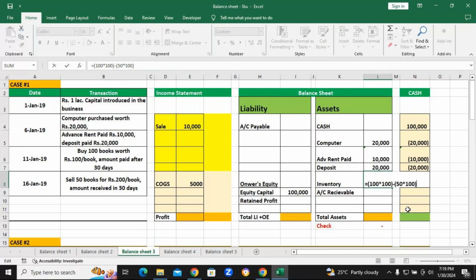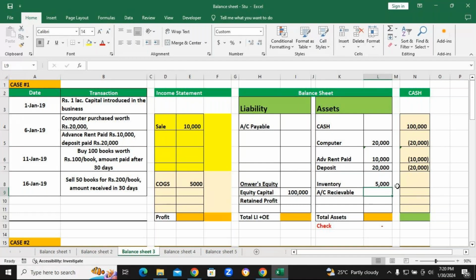First I show the purchase value, 100 books at 100 rupees, minus the 50 books I sold at a cost of 100 per book. So 10,000 minus 5,000, the remaining 5,000 will be there. Clear? Thank you, ma'am.